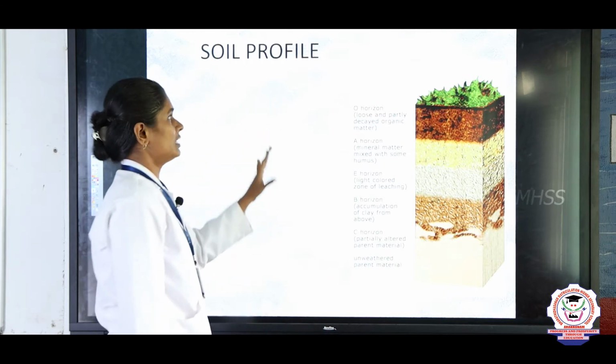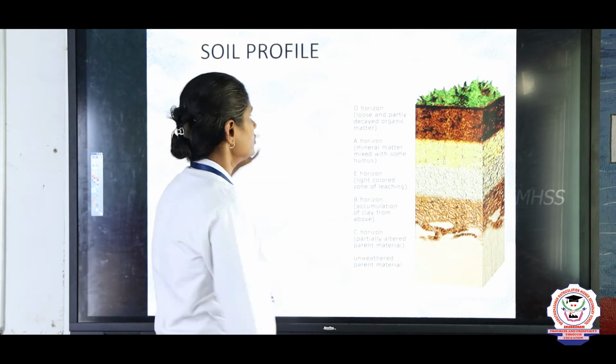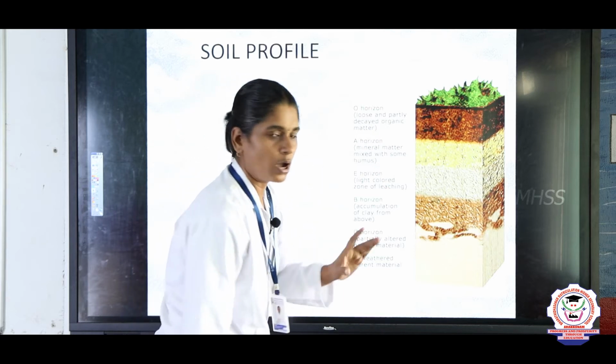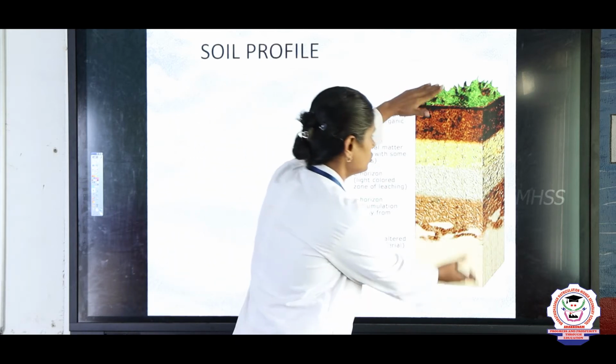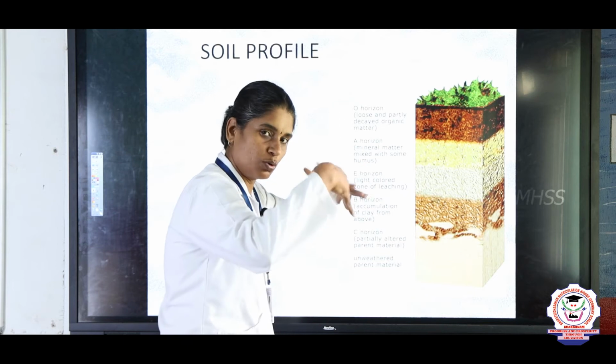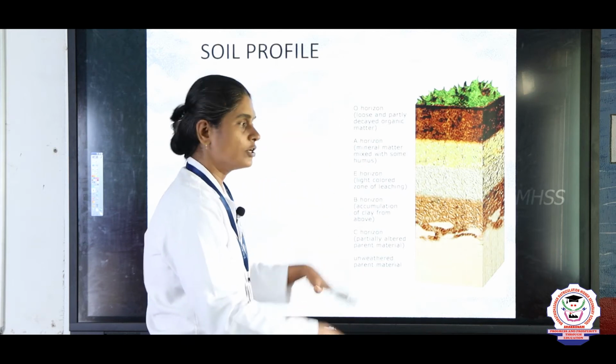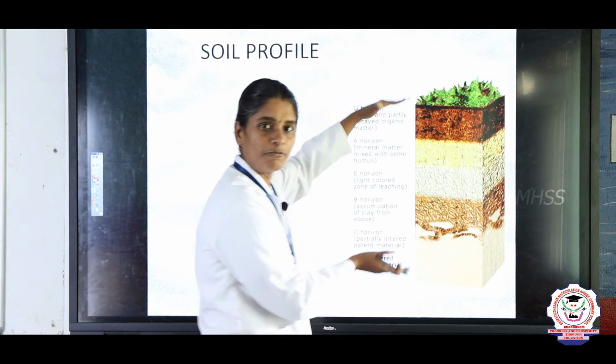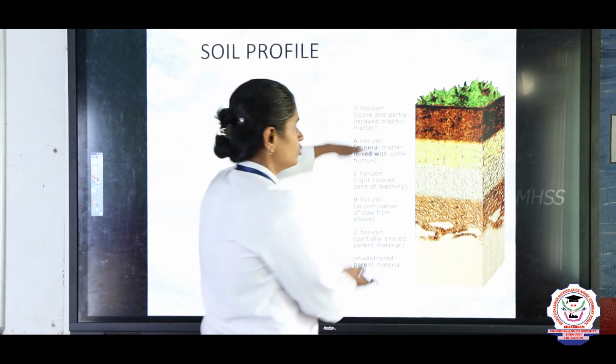Now we are going to see soil profile. This soil profile is nothing but the layers of the soil. Once we cut a portion of the soil which goes below the earth surface, we can divide the soil profile into 3 layers: first layer, second layer and third layer.